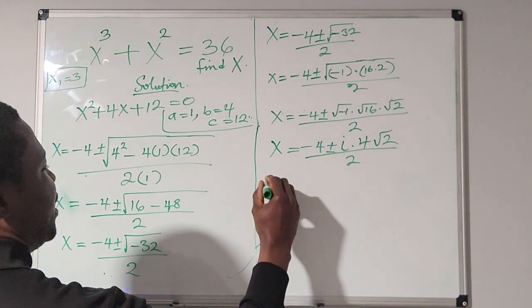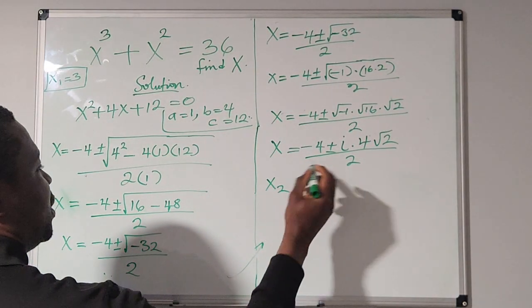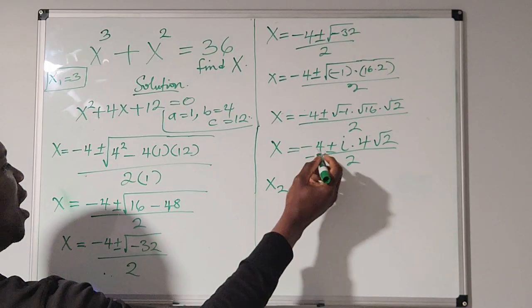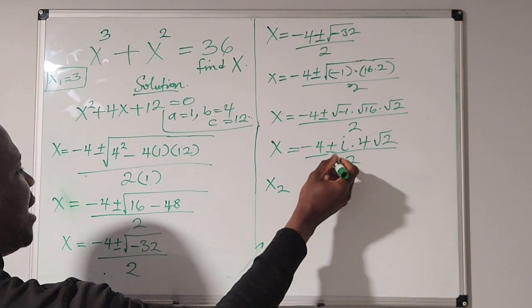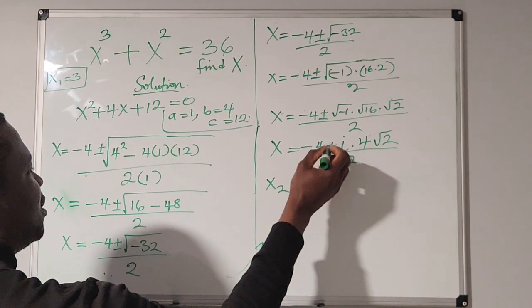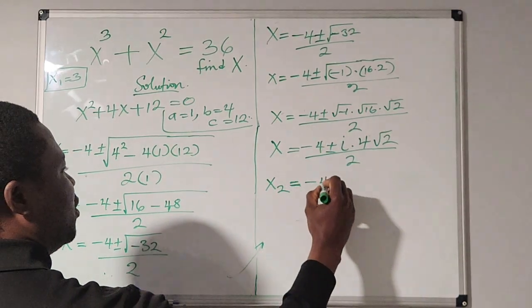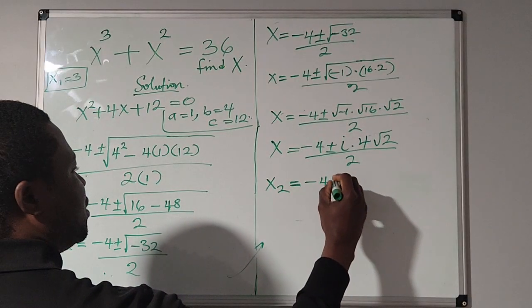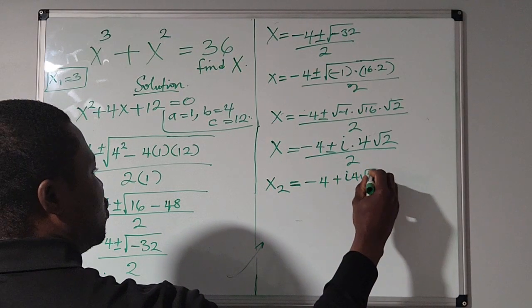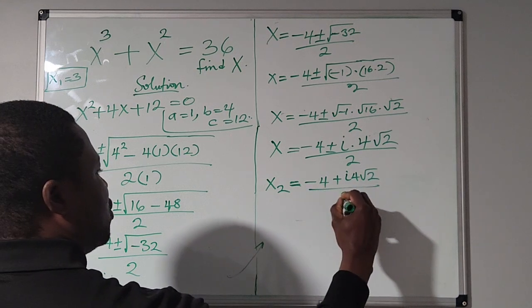So now we have that x2, because we have two values from here, two answers from here because of the plus and minus sign that we have here. So let's write the plus one out because plus is on top. So we have minus 4 plus i 4 root 2 divided by 2.